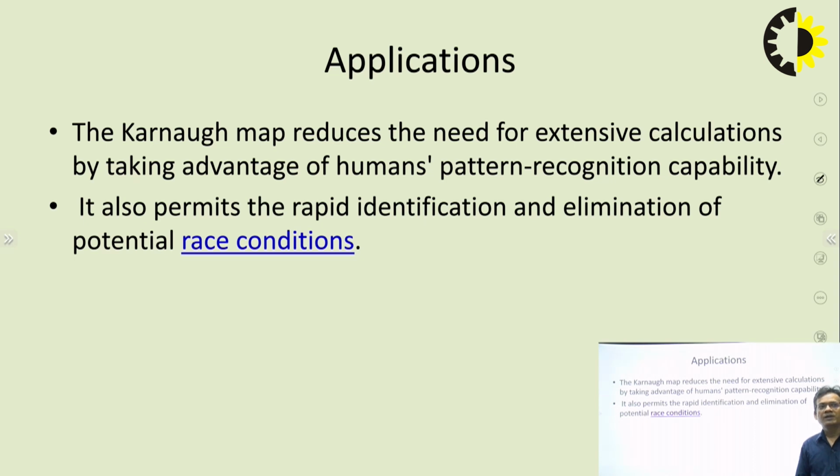It also permits rapid identification and elimination of potential race conditions, which are called don't care conditions. So we can easily collaborate these conditions and reduce the expression with the help of this map.